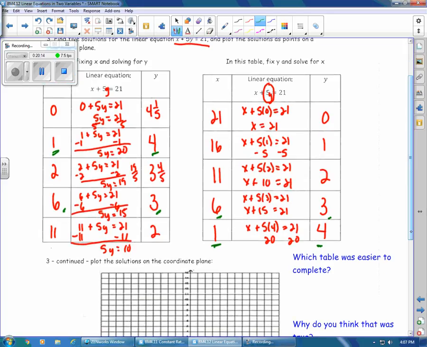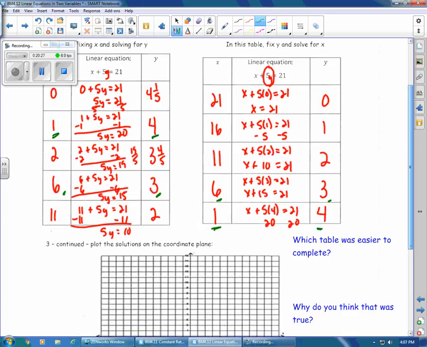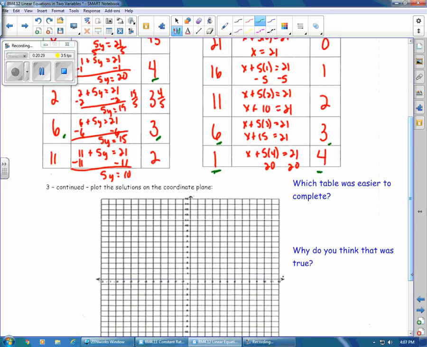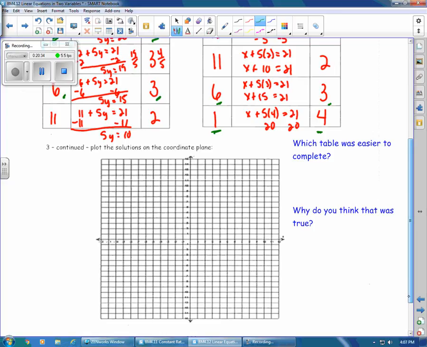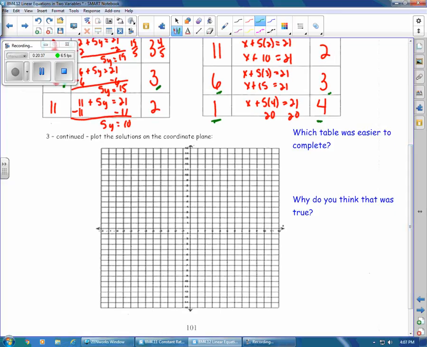In my opinion, it was easier to complete the second one, where you fix the variable that has the coefficient with it, and you can do the multiplication, and then you know exactly what you're subtracting from both sides. It was easier because you're doing the multiplication at the same time and you're not worried about getting weird fraction numbers. Not incorrect either way, but again, in my opinion, one was easier than the other one.